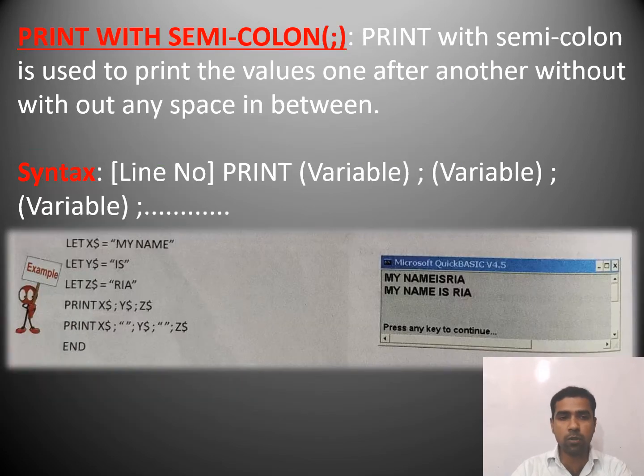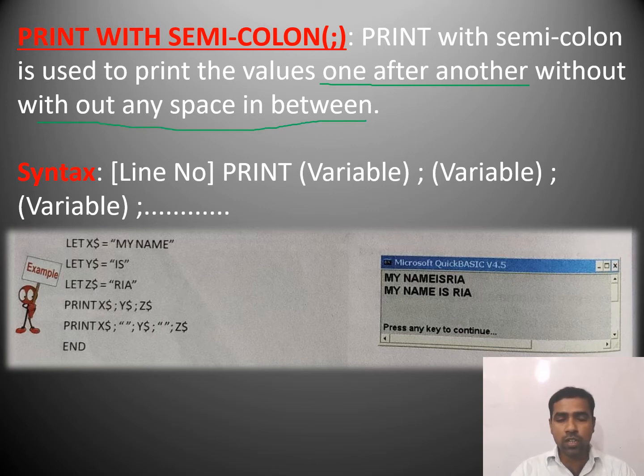Yes. Next we will move to print with semicolon. In print we have different types of print commands. If you write a print with a semicolon, what will happen? That also we will see. Print with semicolon is used to print the values one after the other. If you write print with semicolon, the values will be printed one after another without any space in between the words.